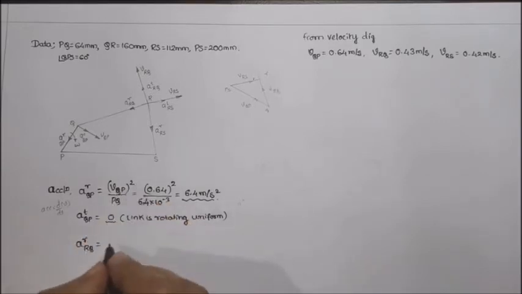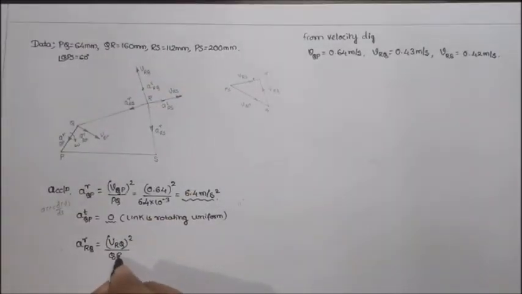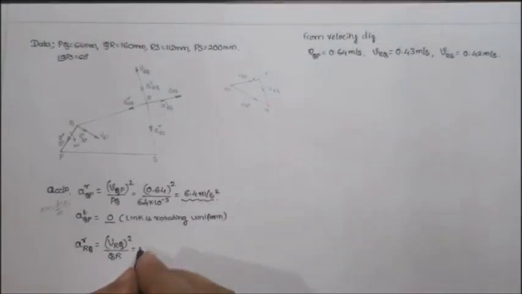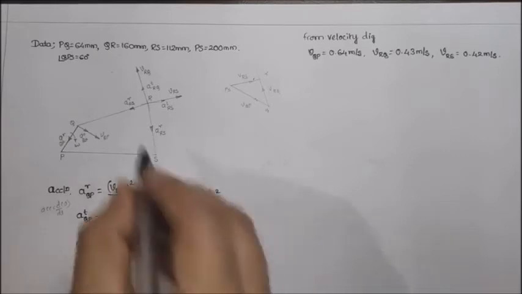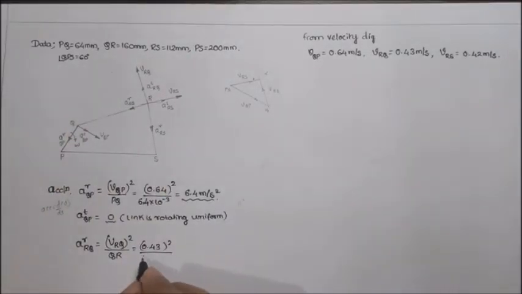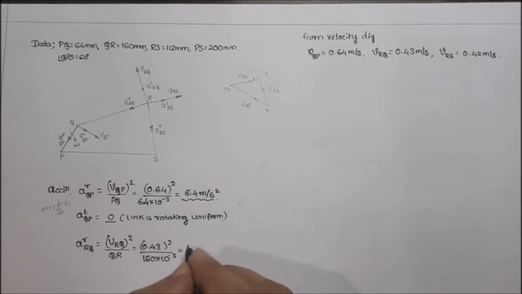For that again we use the linear velocity, RQ to the power 2 divided by its link QR. The RQ value we already have is 0.43 to the power 2, divided by its measurement, 160 into 10 to the power minus 3. The value will be 1.15 meter per second square. So this is our value.